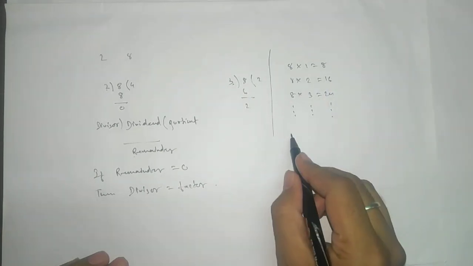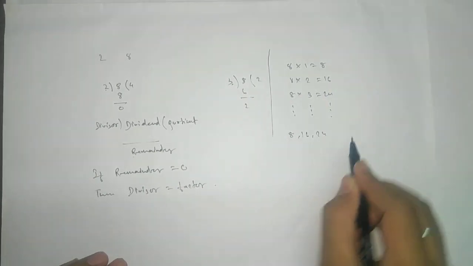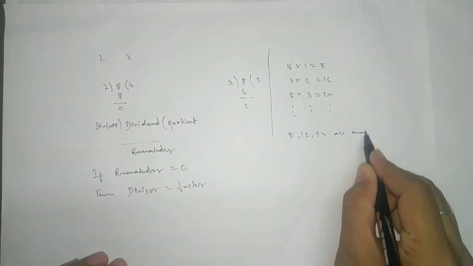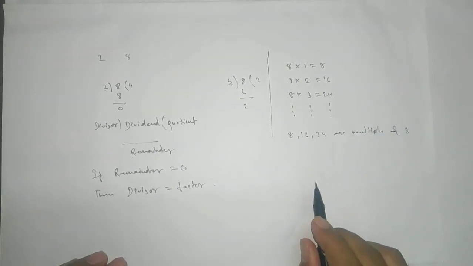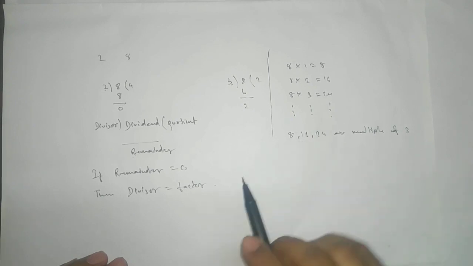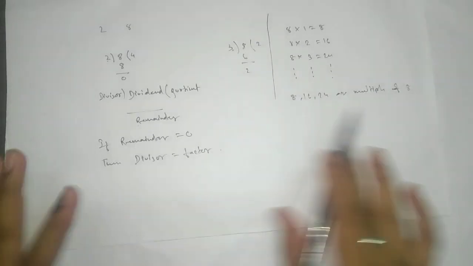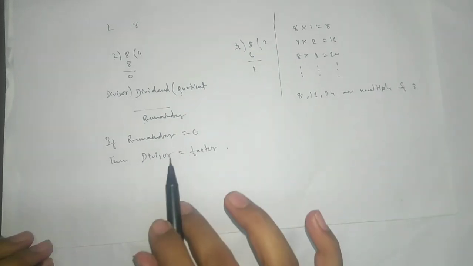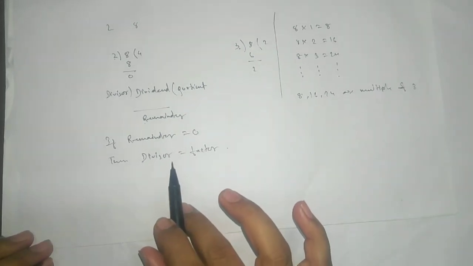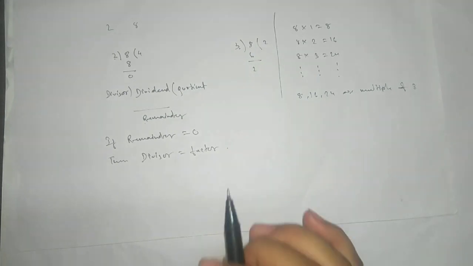That means 8, 16, 24 are multiples of 8. So, if you see the difference, a factor is a number that is an exact divisor of that number.